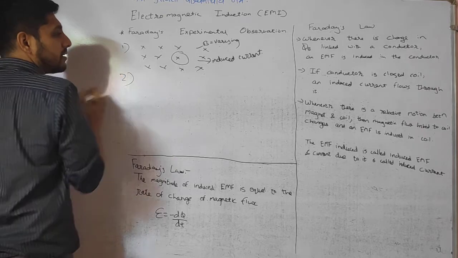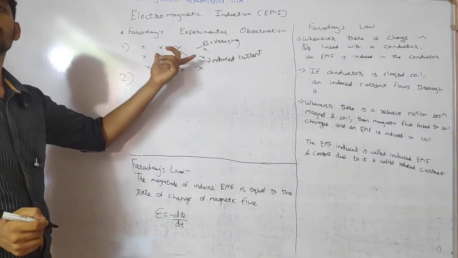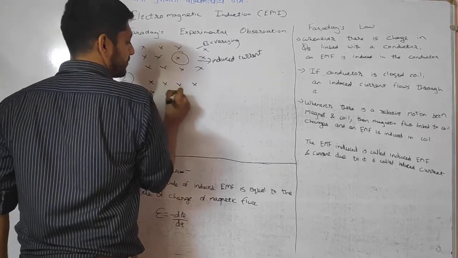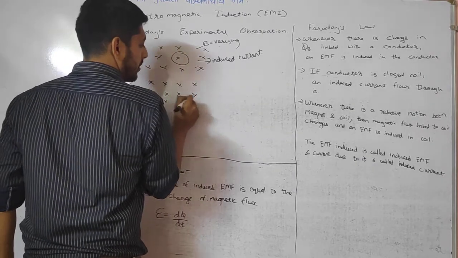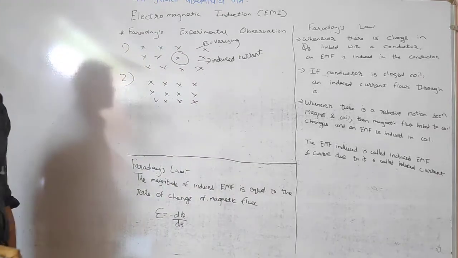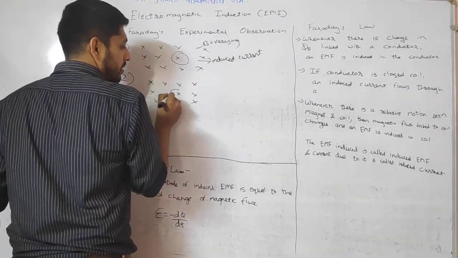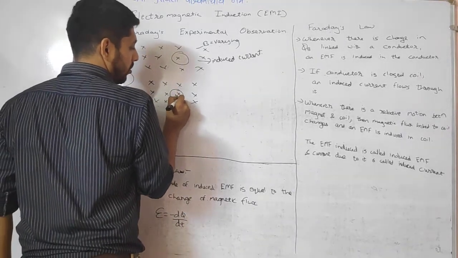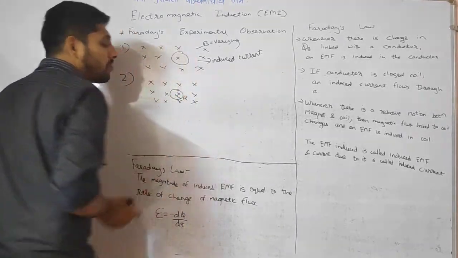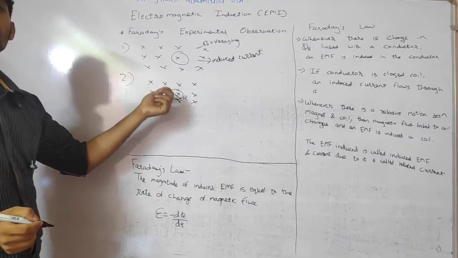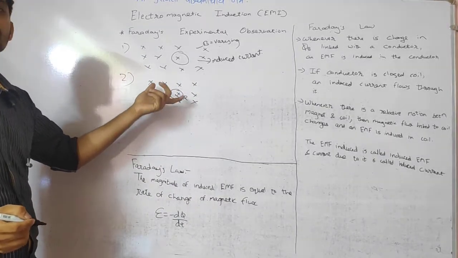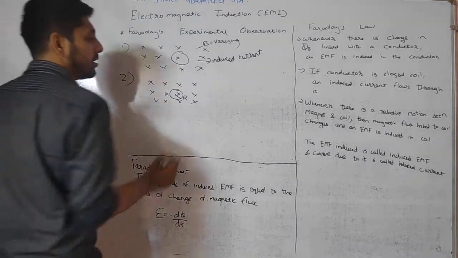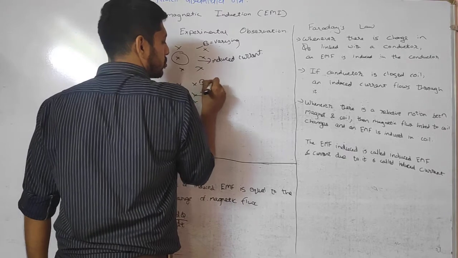Then he changed the size of this conductor. This time he kept the magnetic field constant, and suppose this is a coil-carrying conductor of radius r. He kept on changing the radius of this, that is the size of this, and when he changed the size, he again found that, here B is constant.